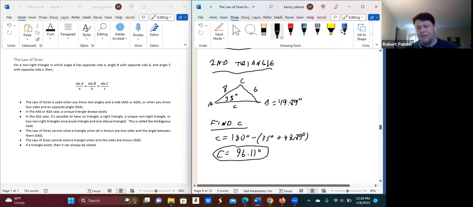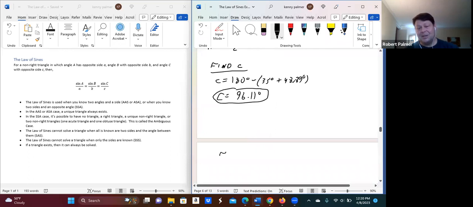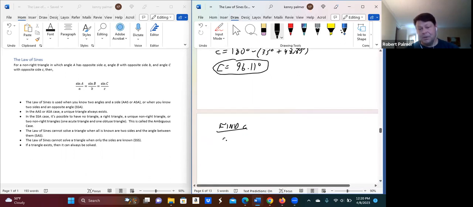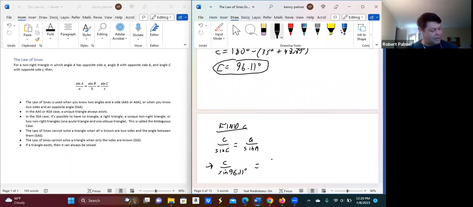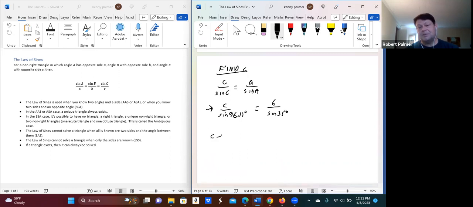All right, and so then finally, we have to find side C for this second triangle. Okay, use the same relationship we just did. So C over the sine of angle C is equal to A over the sine of angle A. Plug everything in. And so we have C over the sine of 96.11 degrees is equal to 6 over the sine of 35. And just what we did before, we're going to multiply both sides by the sine of 96.11.